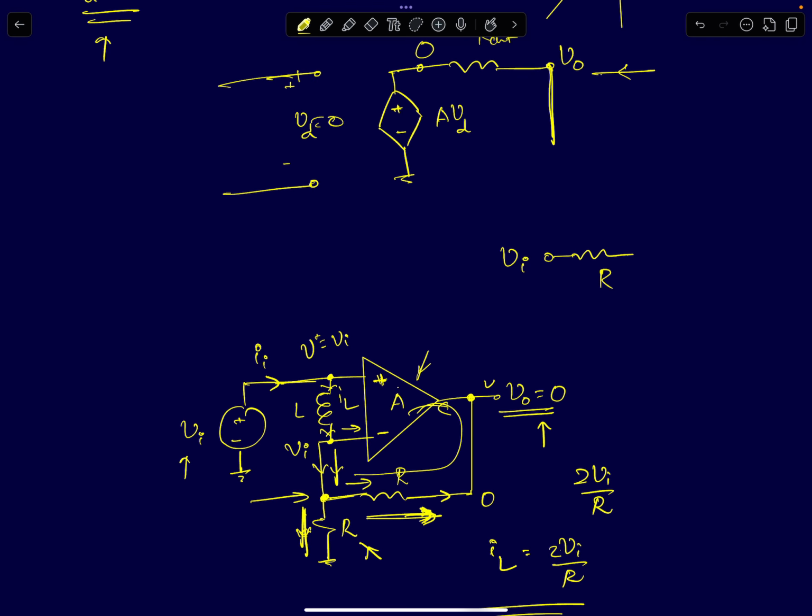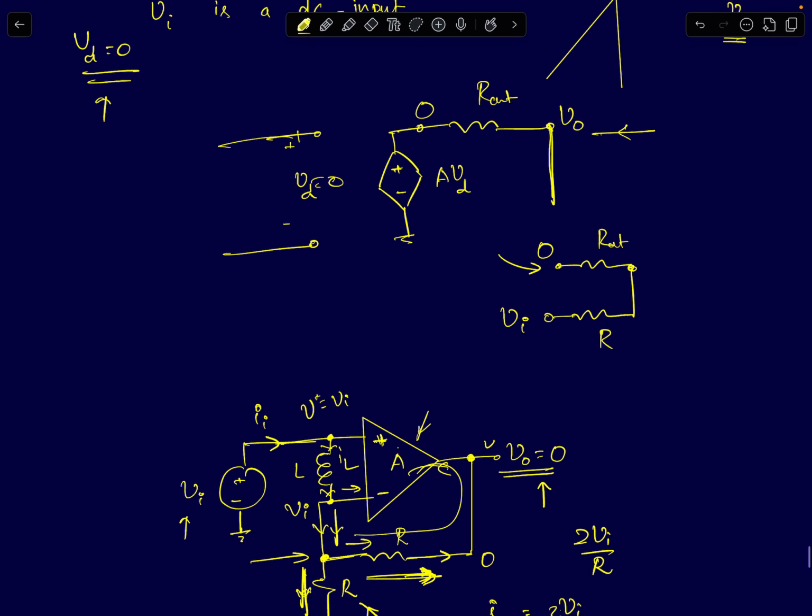This node voltage is forced to be equal to Vi by the inductor, and the path to the output will look something like this. You'll have R out, and this node voltage is 0 because of the op-amp's VCVS output voltage, this is the point I'm talking about here. That internal node voltage of the op-amp will be at 0 volts.